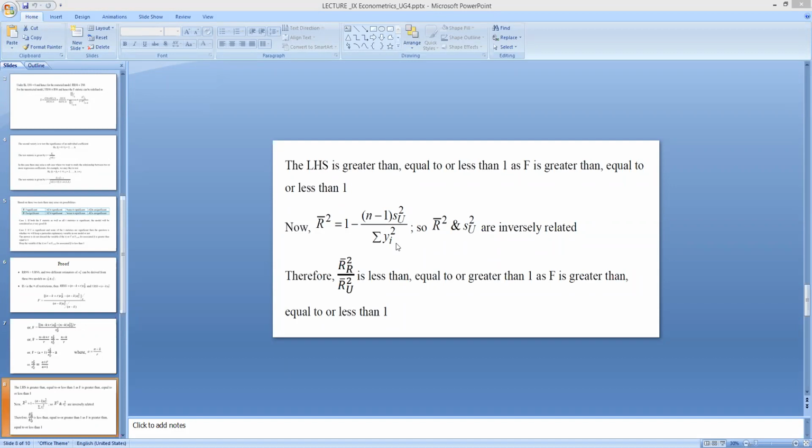In the similar way, we may write R bar square, everything you have to write for the restricted model. R bar square is equal to 1 minus n minus 1 into SR square, capital R. In place of SU square, please write down SR square divided by TSS.